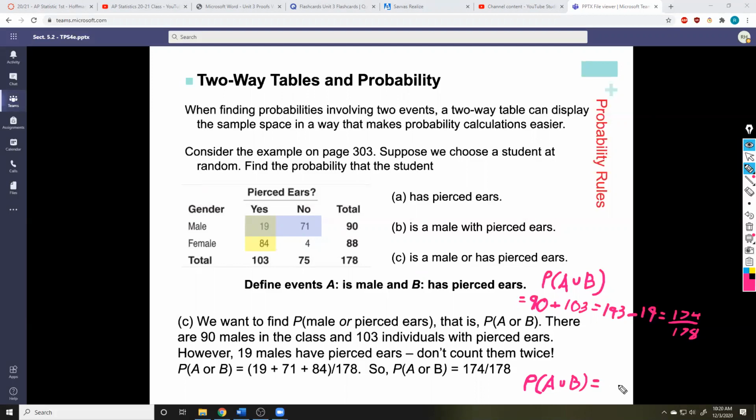So this is important. The probability of A plus the probability of B minus the probability of both. Because if they're in both, then we just double counted them. And so we want to subtract it so that instead of counting them twice, we only count them once. This is going to be an important rule.